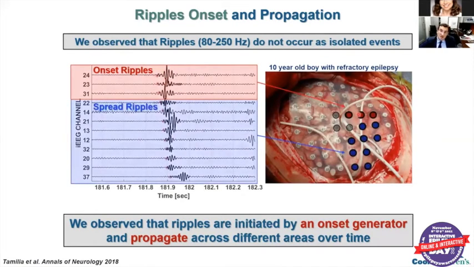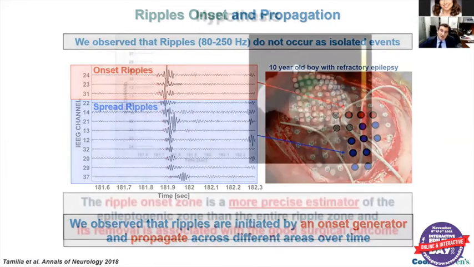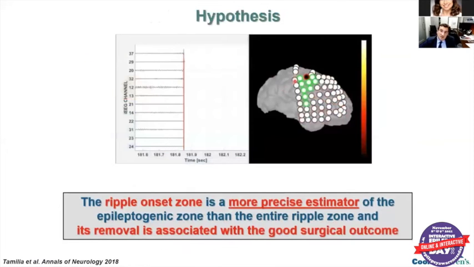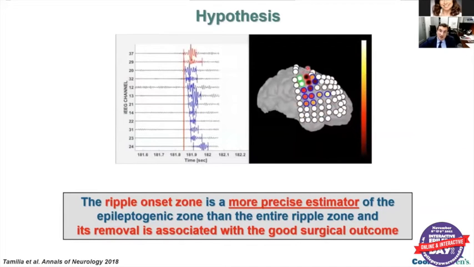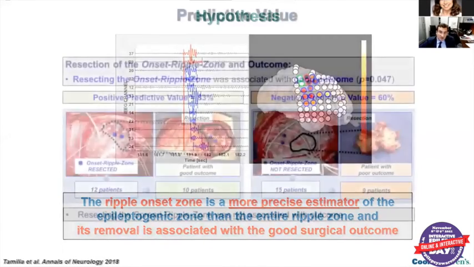And then I hypothesized that if we resect this area of onset, then this is sufficient for the child to become seizure-free. So there's no need to resect all this area that may overlap with the eloquent cortex. It's just enough if we resect this small area and the child will become seizure-free. And that was indeed the case.